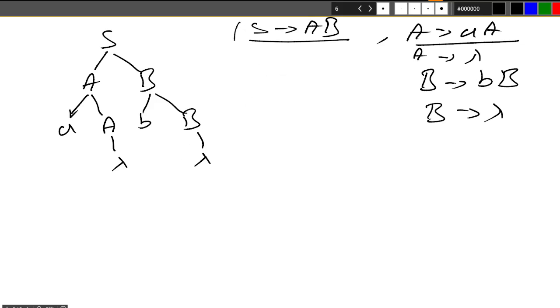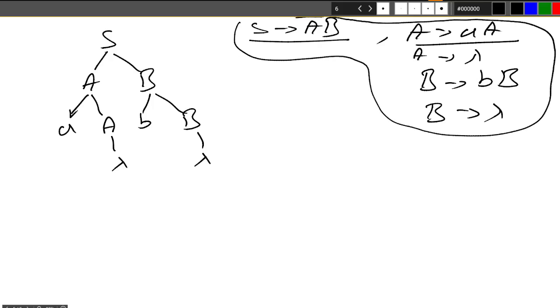Now if this particular set of rules is not changing, then here what you have derived is A lambda, B lambda, so you have derived AB out of S. So this AB is accepted by your compiler using this derivation tree.